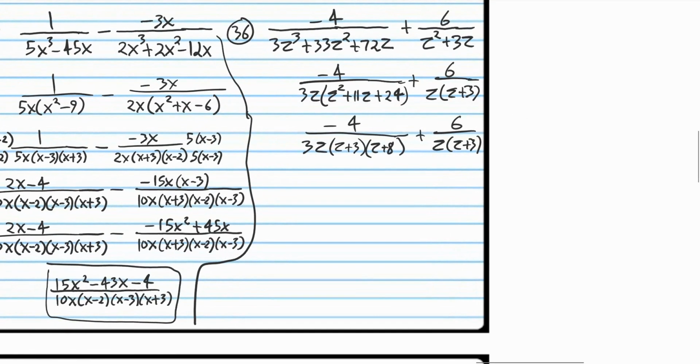And thankfully, this is actually going to be a lot easier than I thought it was going to be, because we have some common factors. All we have to do is multiply both sides of this fraction by 3 times z plus 8. Let's just go ahead and do that.